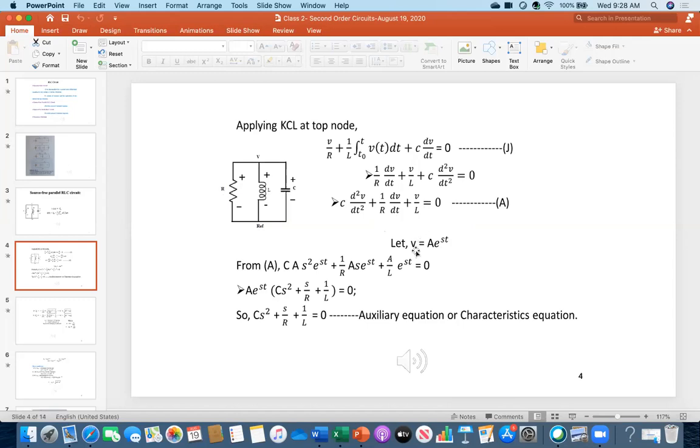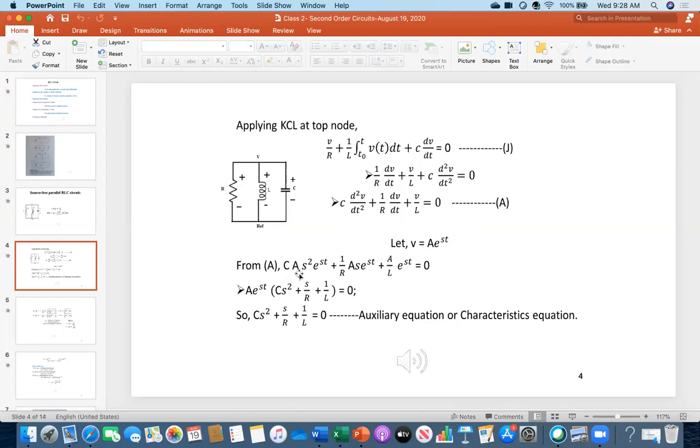Based on that, we assume that this is the probable solution. Now, everybody substitute this value into equation A. Look here, first term: because we are substituting V, there is d square V by dt square, so you have to take the double derivative, first derivative and second derivative.